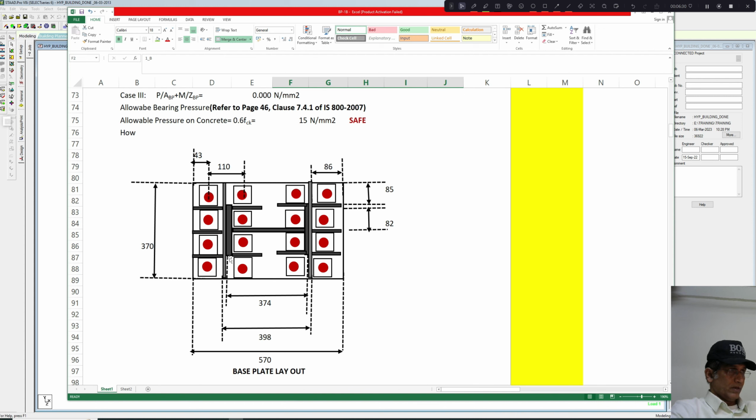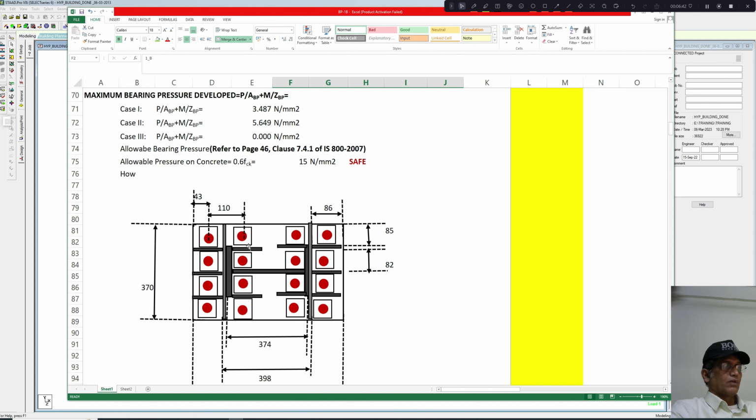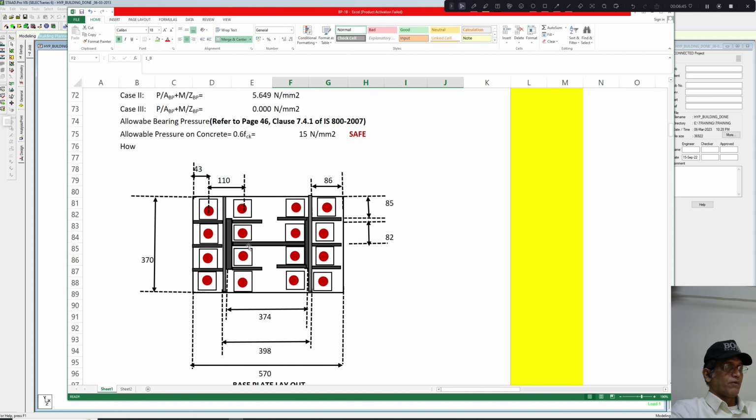We'll also see a case where there could be more bolts on the outer flange and fewer bolts on the inner flange, which produces some kind of eccentricity. So some additional moment will have to be considered for that.